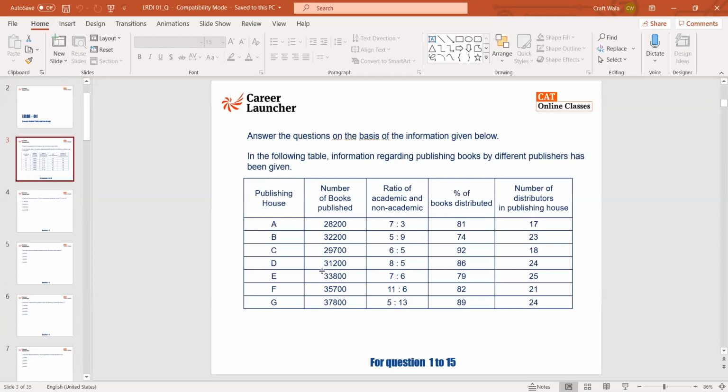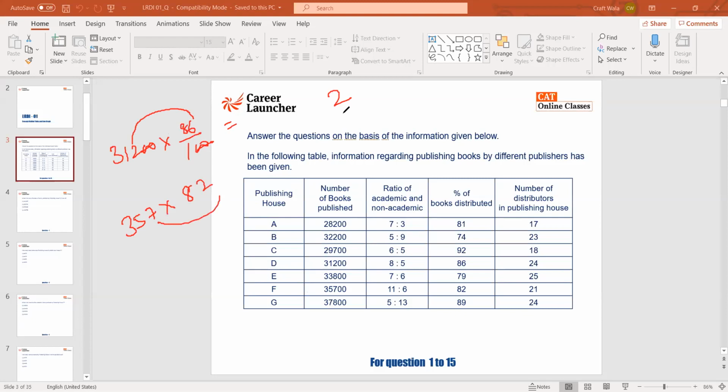So if I do it for D, D is 31200 into 86%. So the double zeros will get cancelled. 2 into 6 is 12. So I'll get last number 2 from here. Next, if I do F, it will give me 357, double zero will get cancelled, into 82.